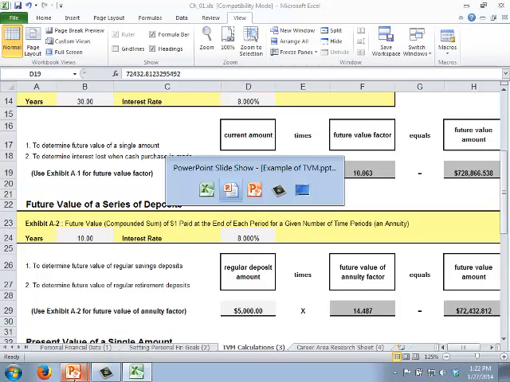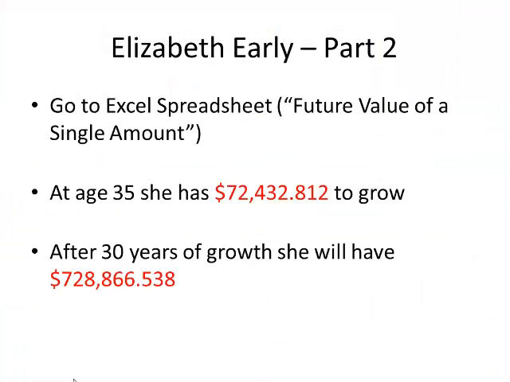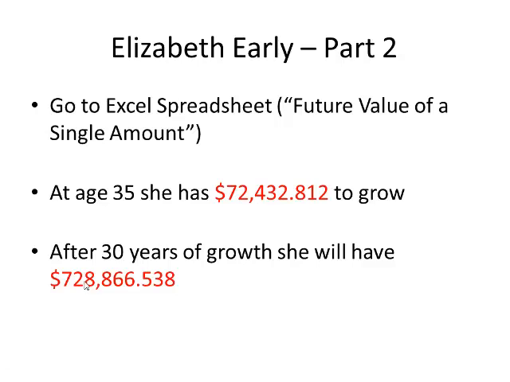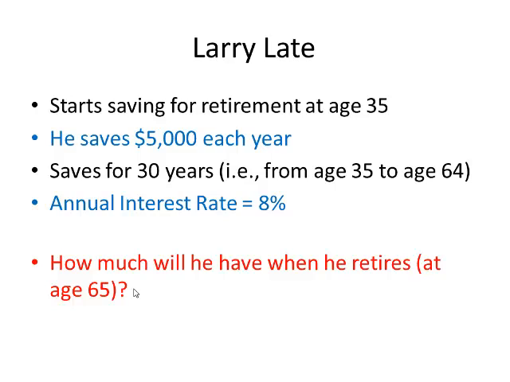Okay, so this 10 years of savings, so effectively $50,000, after the 10 years of savings and then 30 more years of allowing it to accumulate and grow, she'll in fact have $728,866. Okay, so that's what her decision to start saving when she was quite young, that is age 25. She'll have almost $750,000 when she's 65.